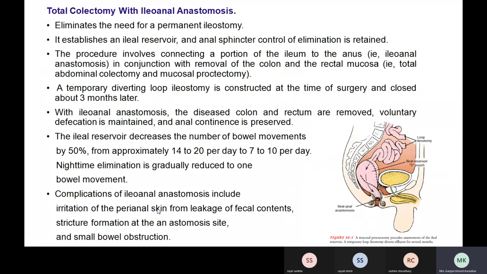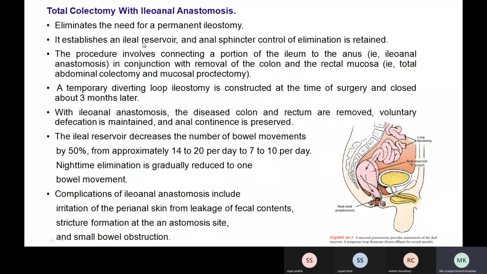Next type of surgery is called total colectomy with ileoanal anastomosis. Total colectomy understood, with ileoanal anastomosis: ileum to the anus. So here again there is no need of any stoma which has to be brought out on the patient's skin.